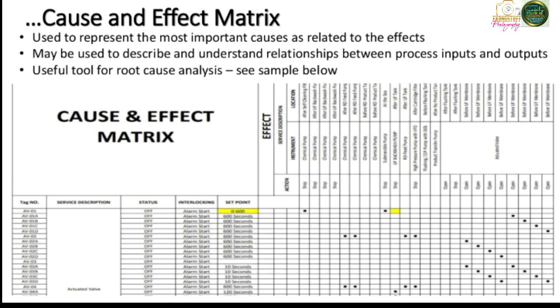Another drawing that is very relevant to the typical safety engineer is the cause and effects matrix. Like we looked at the P&ID, we saw that it contains instrument devices and maybe some control systems. Now, coming to the cause and effect matrix. This drawing is key because it tells you what each device in the field can do.